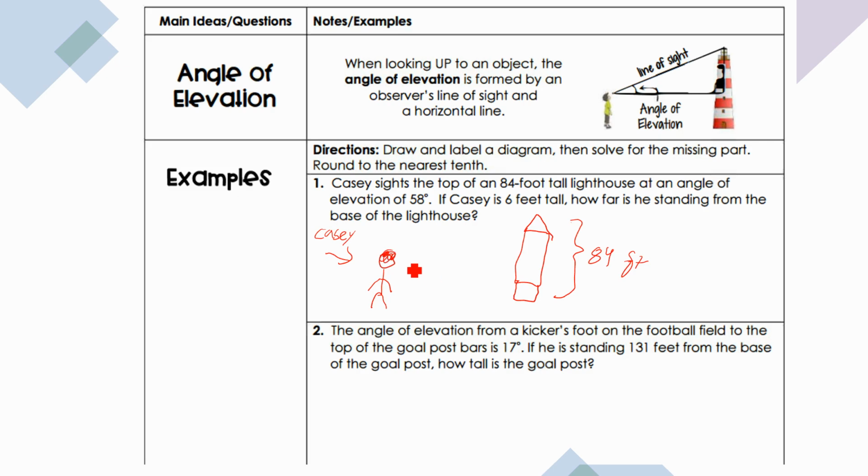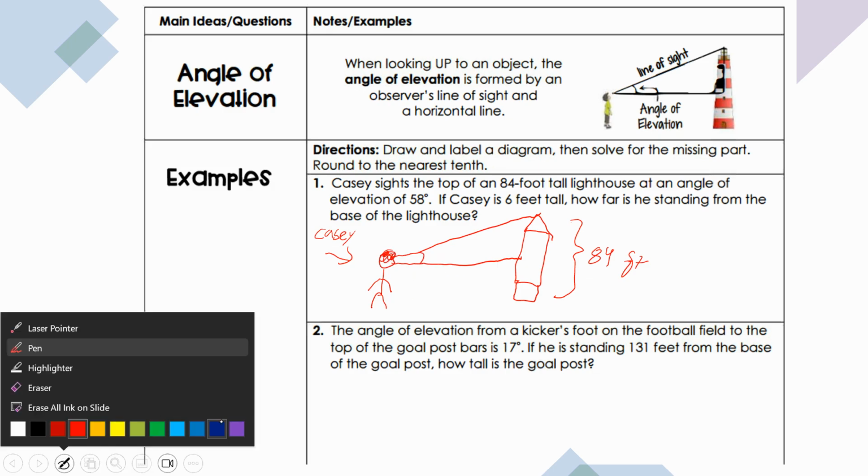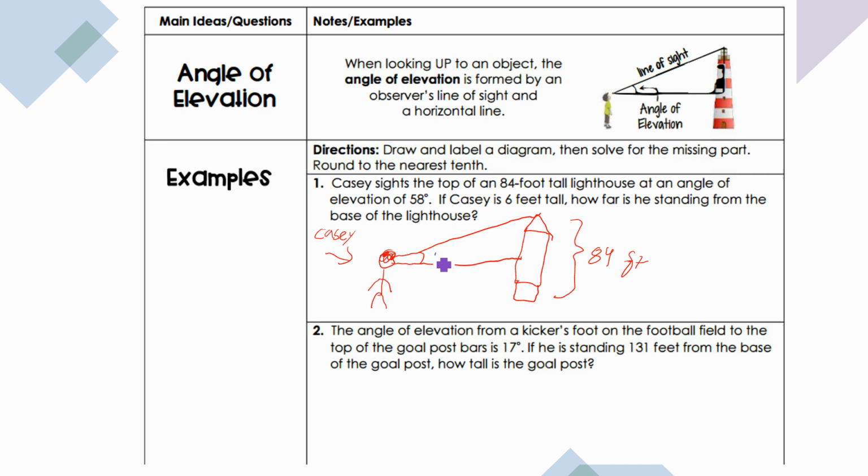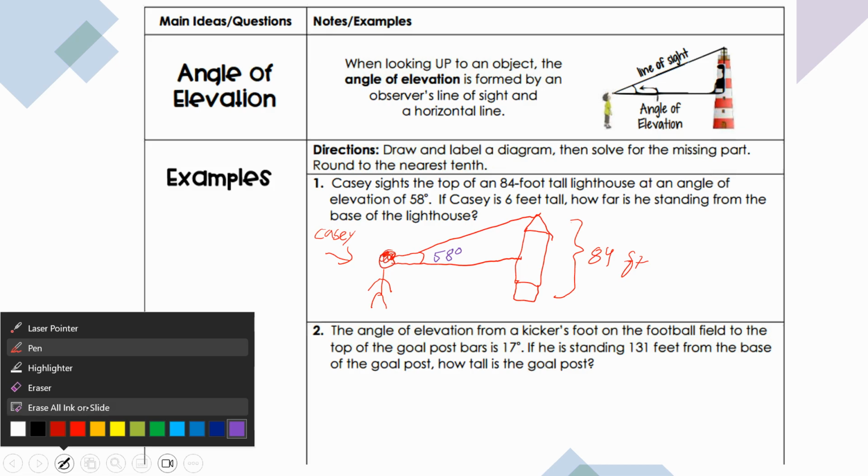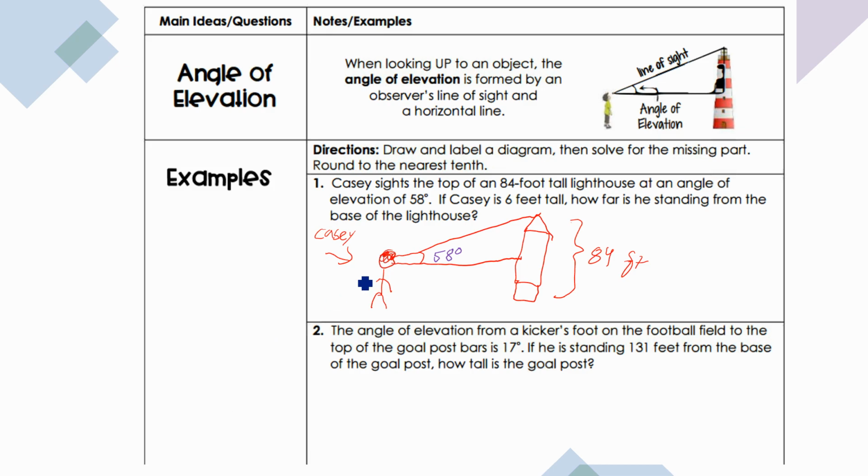And the angle of elevation is 58, so he sights the top of it, and this horizontal line is here. So this angle right here will be 58 degrees. And then it says if Casey is 6 foot tall, how far is he standing from the base of the lighthouse?